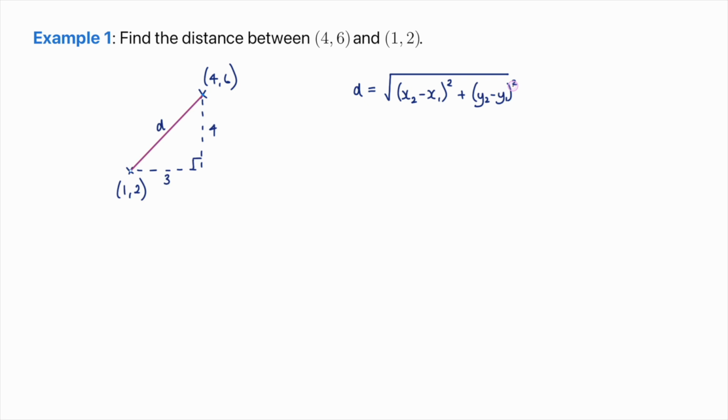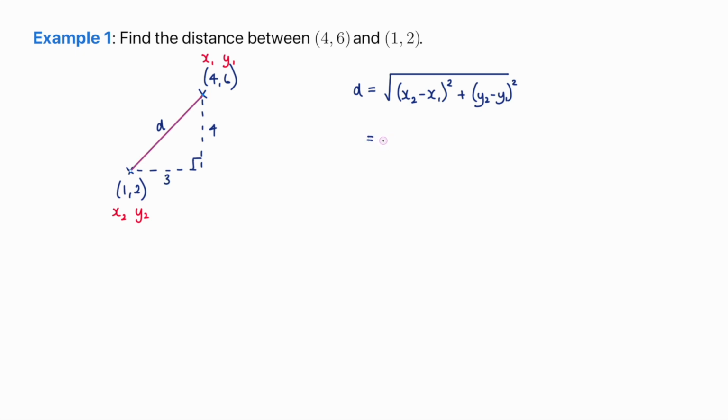Now what I strongly recommend you do is to label each of these points with x1, x2, etc. So for example, if we call this one x1, this would be y1, and therefore this would be x2 and y2. Doing that just avoids any silly errors later on in your calculation.